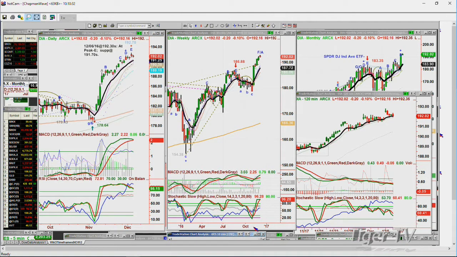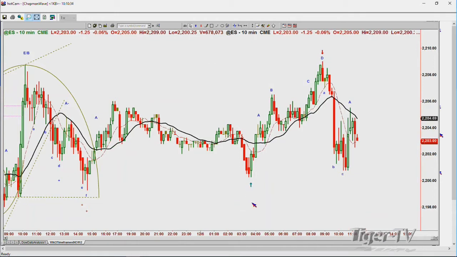What did the 10-minute chart do this morning? It went from a trough at about 4 o'clock this morning in the 2200 area, to peak A, peak B, peak C, and there you got your D. What do you expect from a D? 3 things can happen. It could be a high-level consolidation that quickly starts a brand new buy mode.